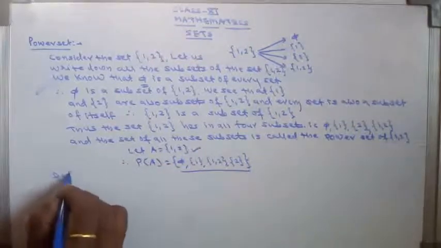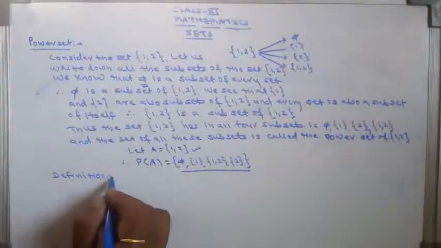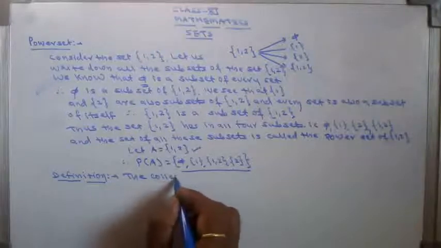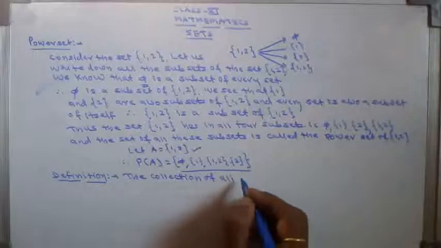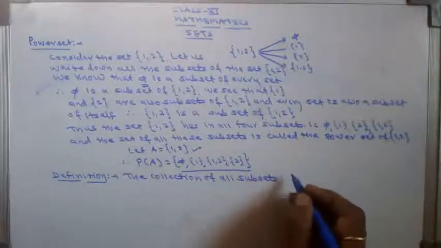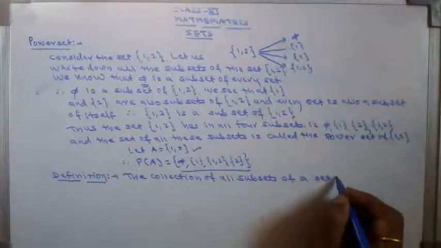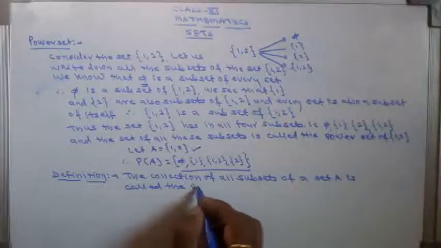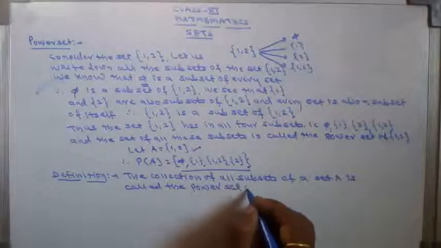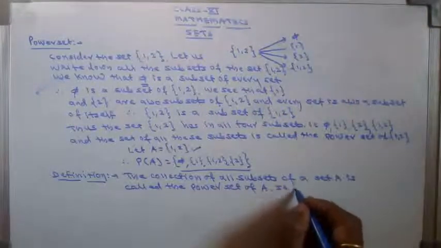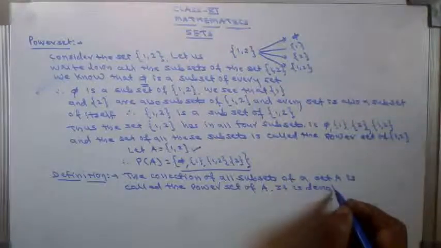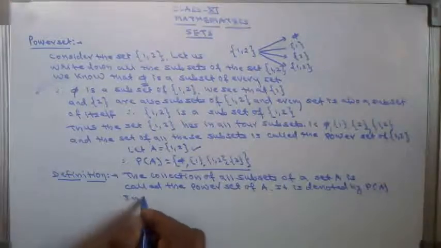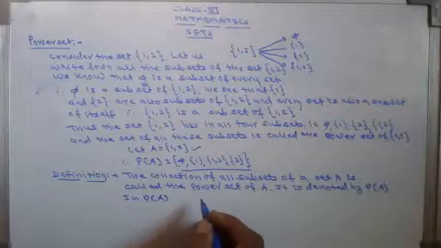So in this way we can give the definition. The collection of all subsets of a set capital A is called the power set of A. It is denoted by P(A). In P(A), the power set of A, every element is a set.